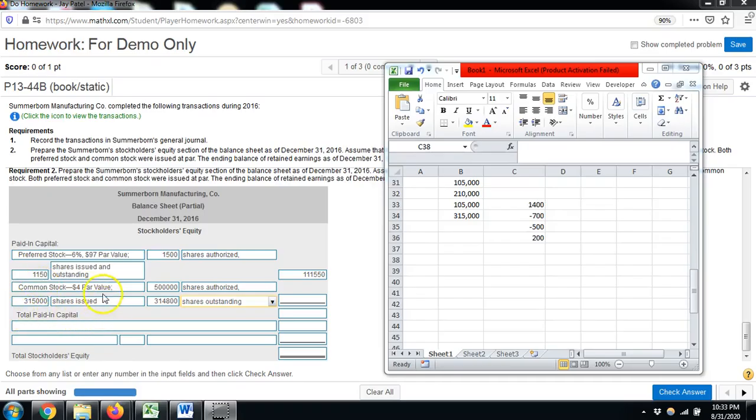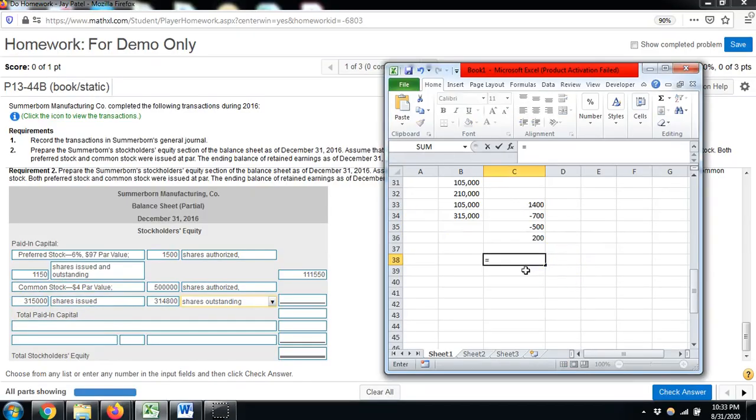And so we're going to first use the number of shares issued. And then later we're going to account for this 200 share difference with our line item for the treasury stock. So for this part of the balance sheet for common stock, we're going to use the shares issued because those were the number of shares that were out there at some point. So 4 times 315,000.